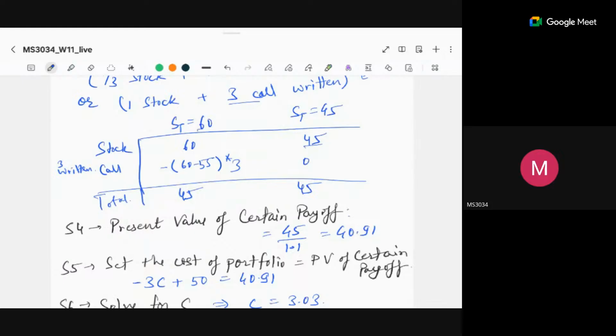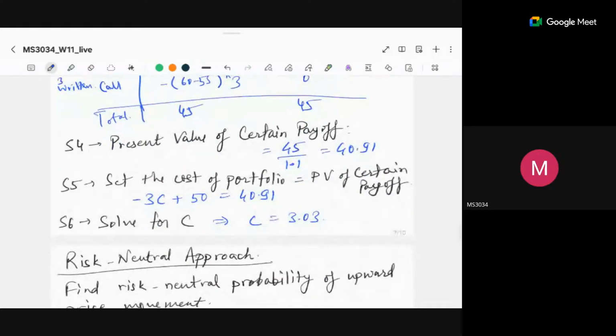That is minus 3C plus 50, because you are receiving the call premium and paying this much price for the stock. This should be equal to 40.91, and you solve this equation for the call premium, the call option price, and in that case also you get the call option price to be 3.03.